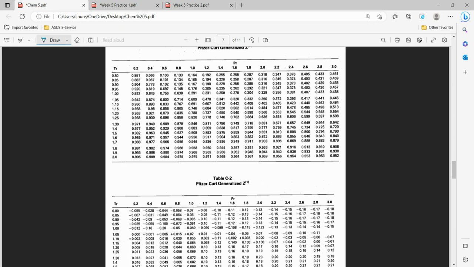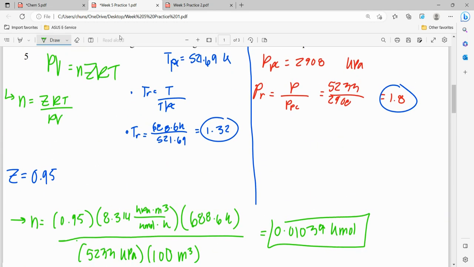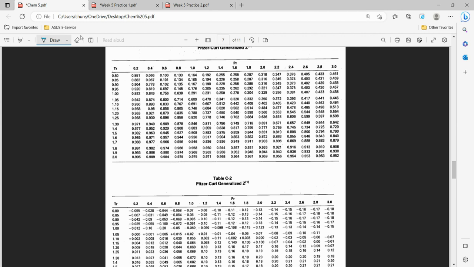So 1.8 for our pressure, right? 1.8 for our pressure is right on the money. So we don't really have to worry about that. That gives us our nice number here. However, we are in between these 2 points because we have 1.32, right? So we're going to have to interpolate.